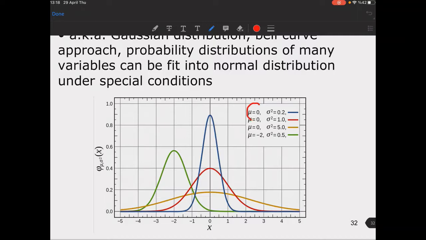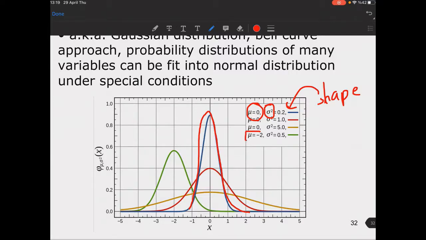But here you see the mu, and this is sigma square, which corresponds to the variance of the distribution. As you see, if the variance of the distribution is small, you have a sharper distribution. So this defines its shape, how it is spread around the mean.